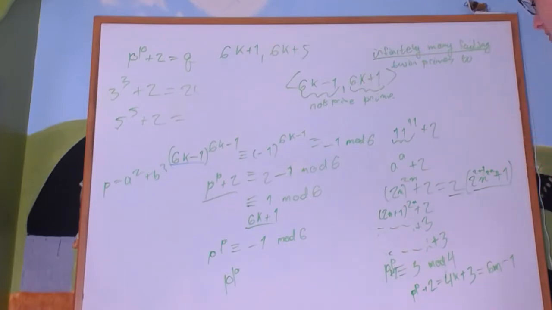Yeah, because then it'd have to be composite and congruent to 3 mod 4. Like 11, 15. Like, 15 is not the sum of 2 squares.